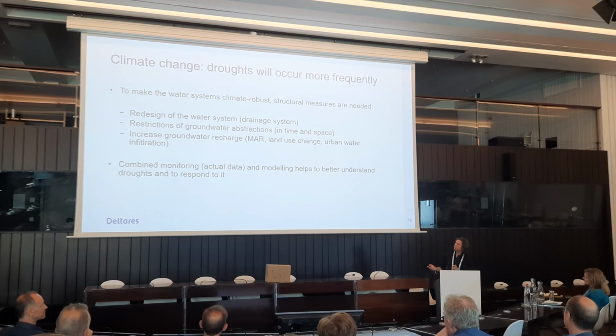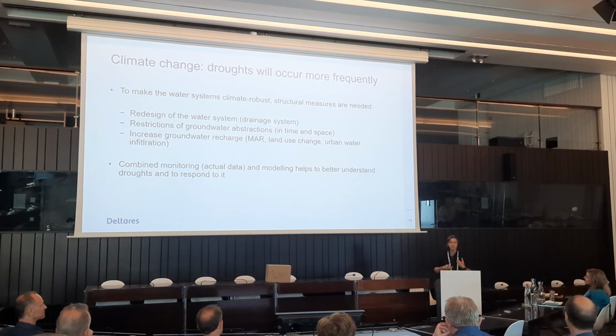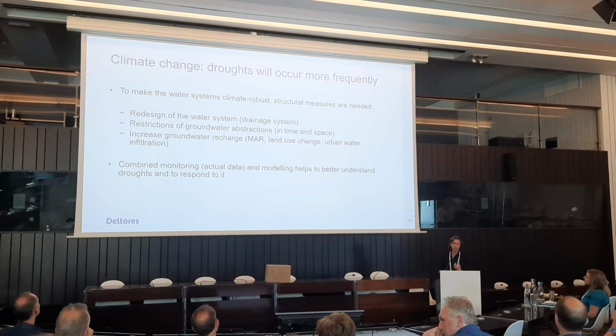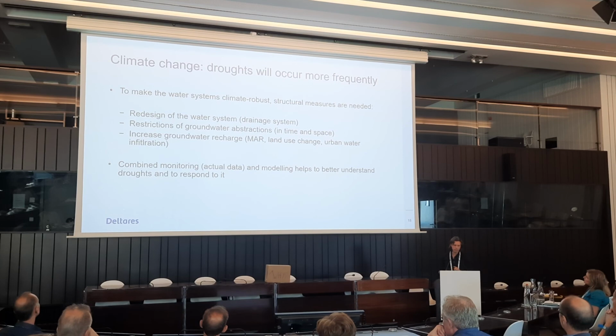I think also restrictions of groundwater abstractions, both for drinking water and farmers. Of course, we should drink, but there are alternative sources, for example. And we can have some technical solutions, increase the groundwater recharge, for example, managed aquifer recharge, extra infiltration of water.